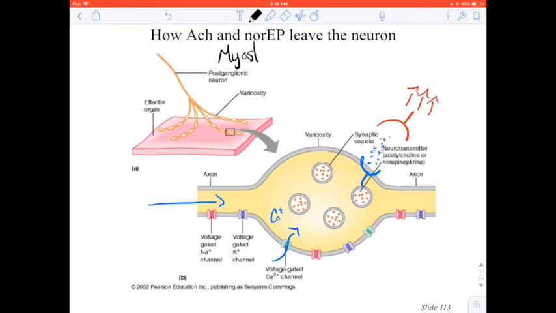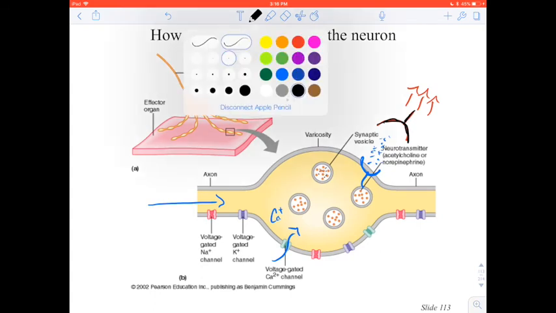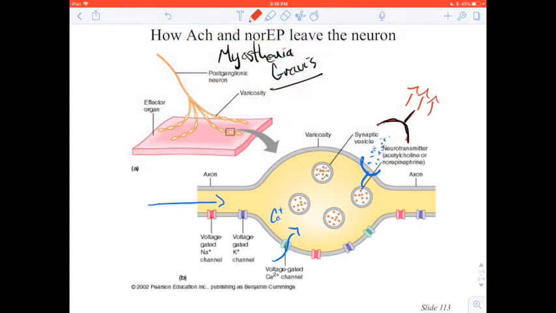So myasthenia gravis. This is an autoimmune disease where this receptor, imagine this is acetylcholine, this would be a cholinergic receptor. Right? So this is an autoimmune disease where we actually make antibodies that will bind our little Y-shaped antibody.